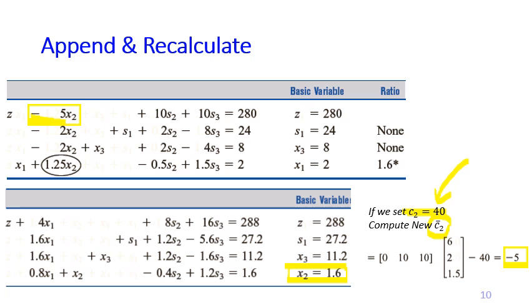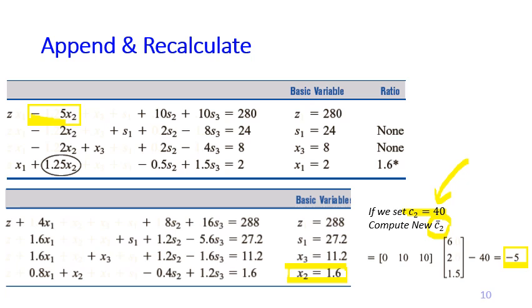So that's how we perform the sensitivity analysis for the first change, changing the objective function coefficient of a non-basic variable. Basically, you just need to check the new CJ hat for that non-basic variable j whose coefficient changes. You check whether the new CJ hat is still non-negative.